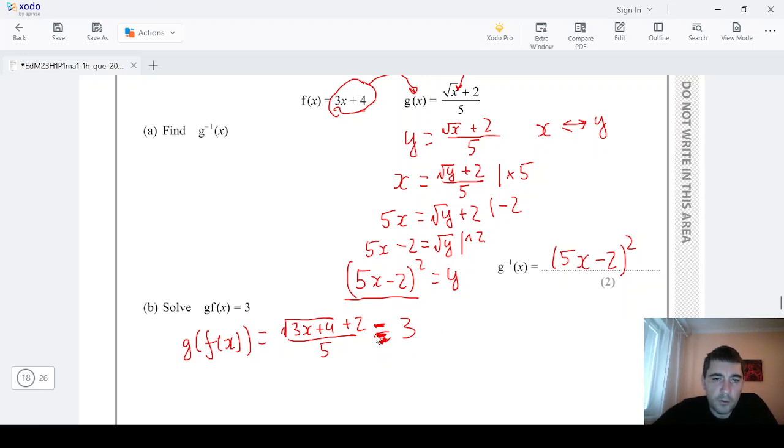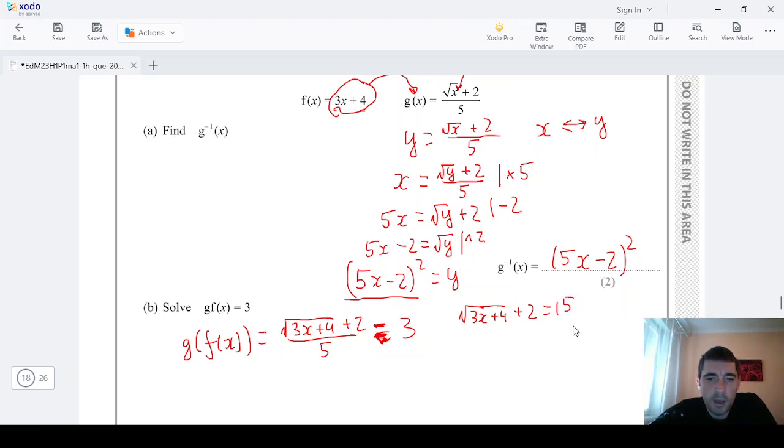Okay, so now we've got the equation to solve, and we need to solve it for x. So times both sides by 5, because we don't need that 5 in the denominator. So just get rid of all fractions first. Okay, so we get square root of 3x plus 4, then plus 2 equals 15.